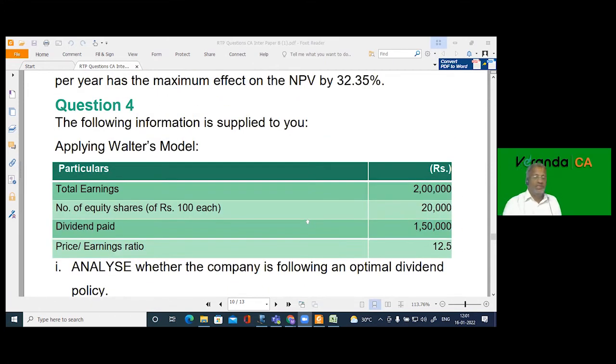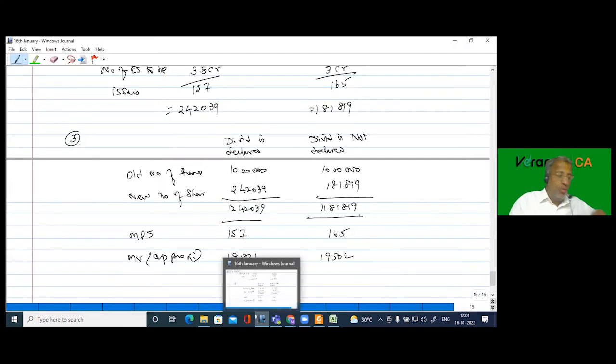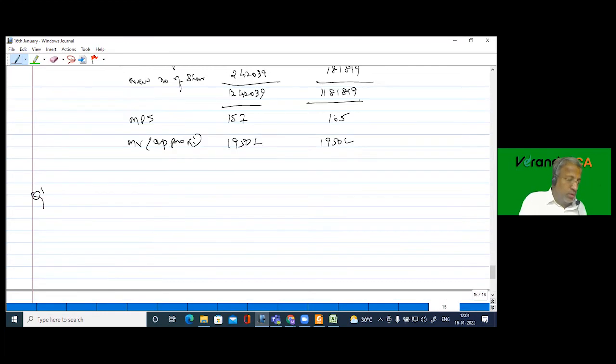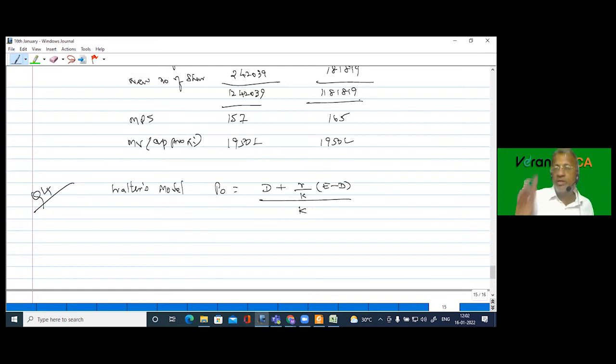Now, let's know about Walter's model. Question number 4. Walter's model of finding out price P0 is equal to D plus R divided by K into E minus D, the whole divided by K. This is the formula that you have for Walter's model.